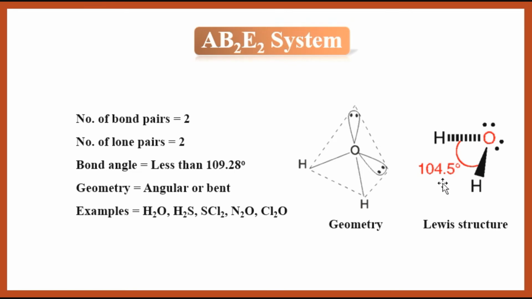Hence the bond angle in the water molecule comes out to be 104.5 degrees, and its geometry in the form of a tetrahedron has been drawn like this, where this is one corner of the tetrahedron, and here these are the second, third, and fourth corners of the tetrahedron.